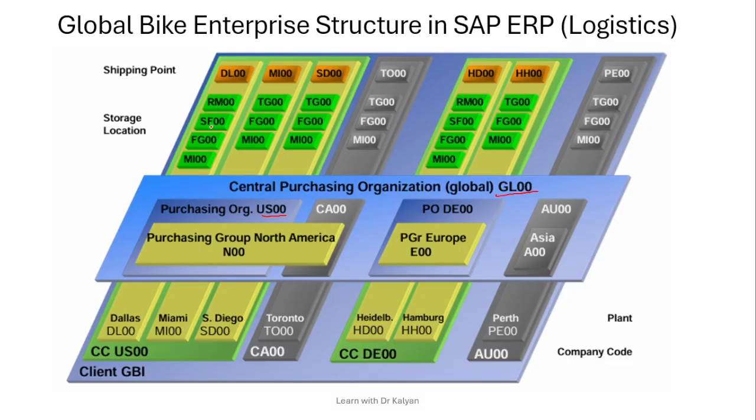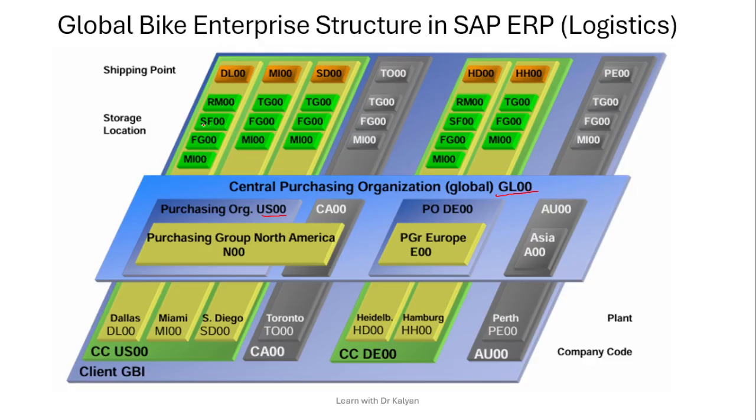SF00 stores only semi-finished goods, FG00 stores only finished goods, and MI00 stores only maintenance goods.